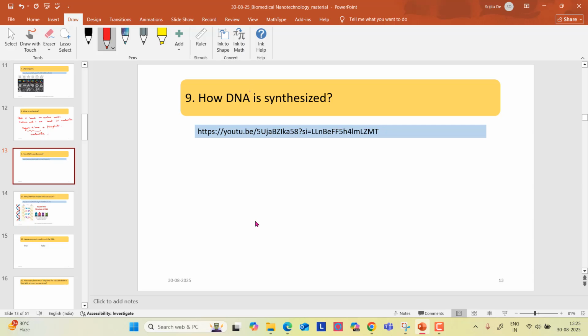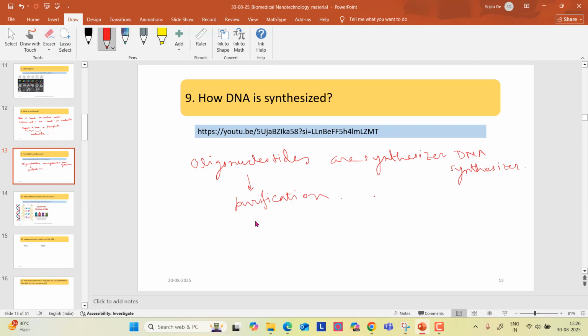First, oligonucleotides are synthesized using a DNA synthesizer. Then they are purified. The next step is purification via electrophoresis or chromatography.